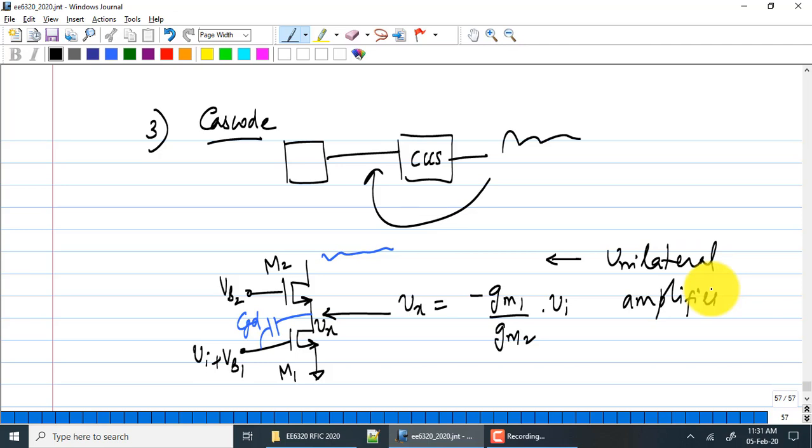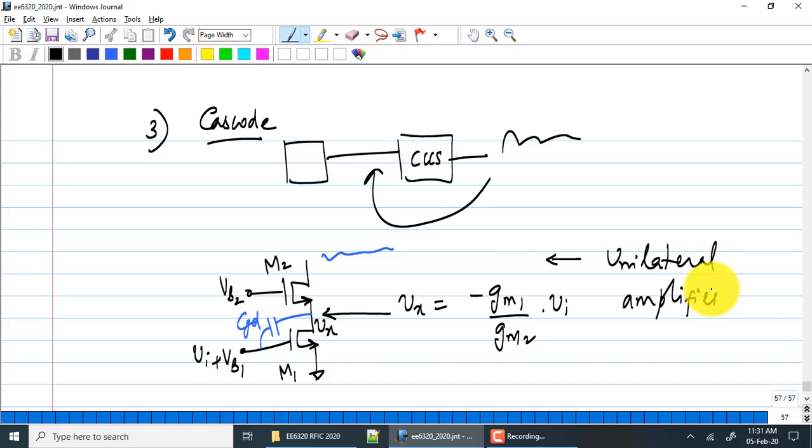More importantly, it may be perfectly stable at your frequency of operation. But remember that the amplifier needs to be unconditionally stable. It can still oscillate at some other frequency. Okay, and in fact that's what happens. Your op-amp based feedback circuits, if you remember, you may be designing them for operation from DC to let's say 1 megahertz.